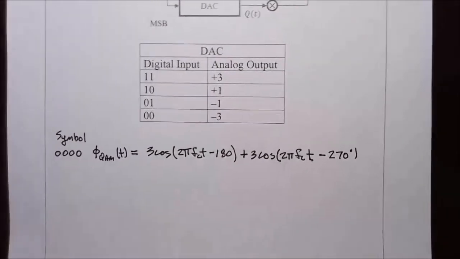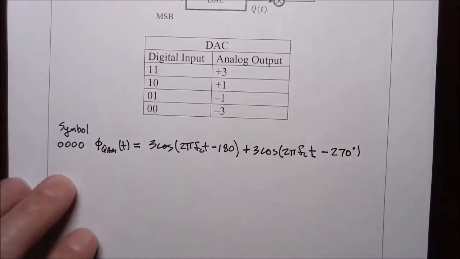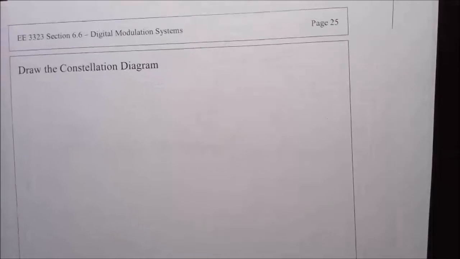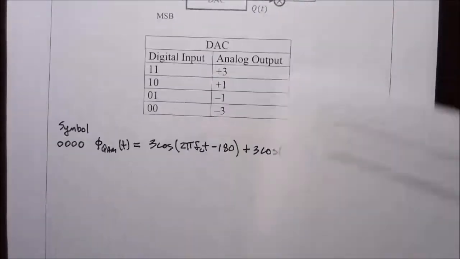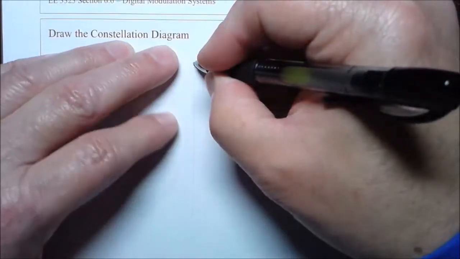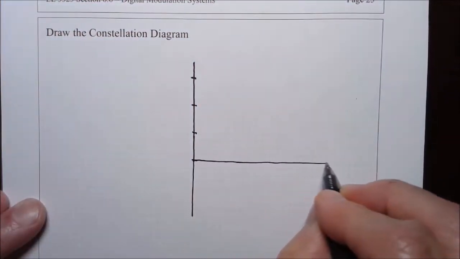Okay, so this is the signal that we are going to draw to map onto the constellation diagram. So let me start with the real axis and the imaginary axis. Let's put the real axis here.